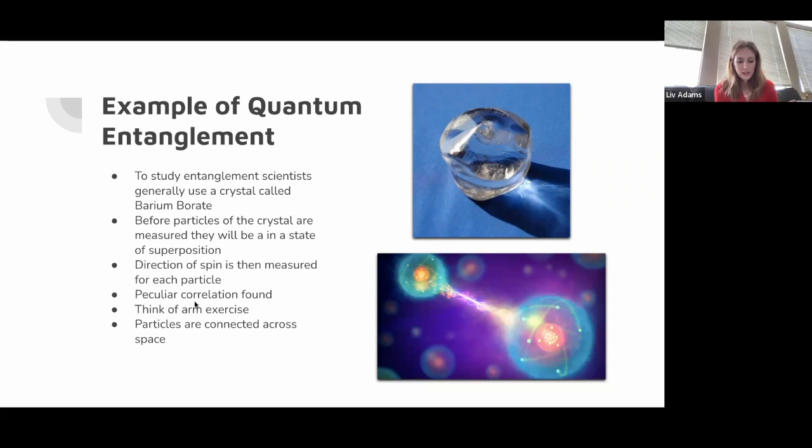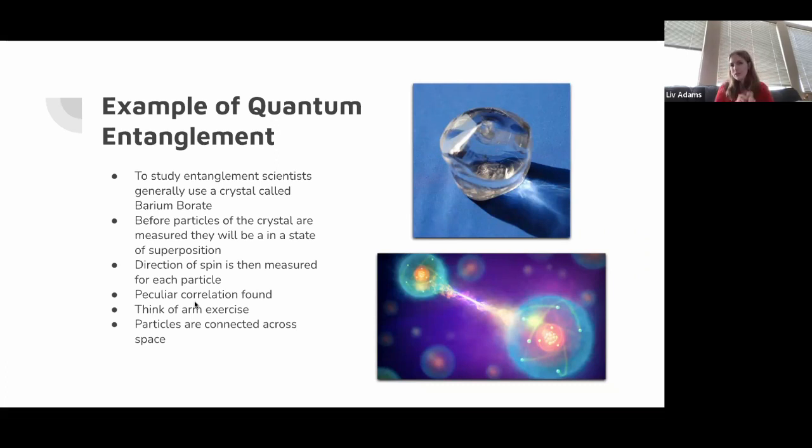Although it seems strange that two subatomic particles, even if they're separated by billions of light years of space, are linked together. Like that's why in the example relating to the arm exercise, I said just think of two different students in different parts of Winnegar doing the same thing at the same angular velocity.